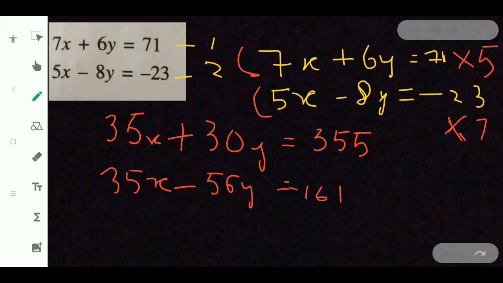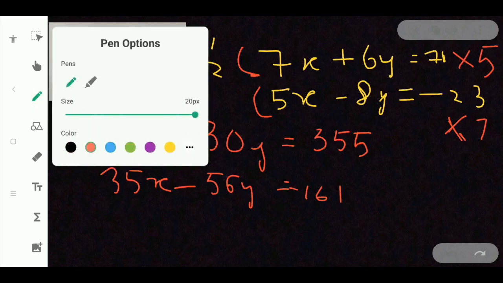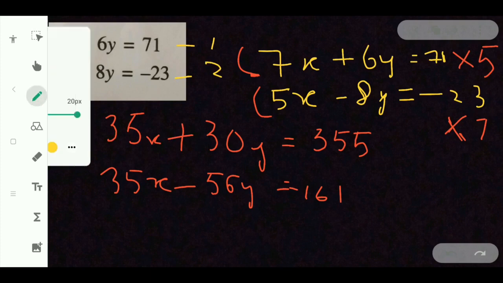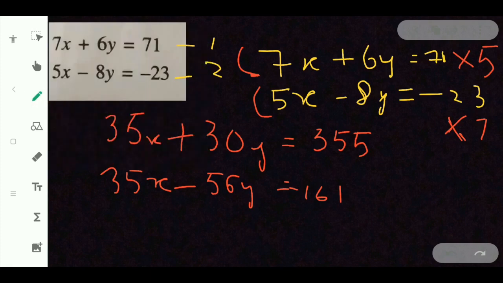So now we should cancel the same terms. 35x, here the symbol is plus, if no symbol is there it indicates plus, so 35x plus 35x doesn't cancel, so we should change the sign from plus to minus.